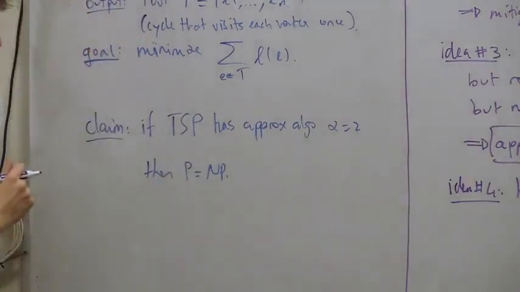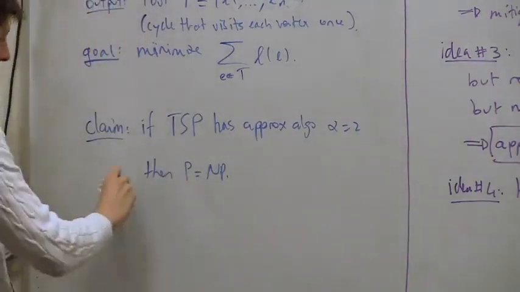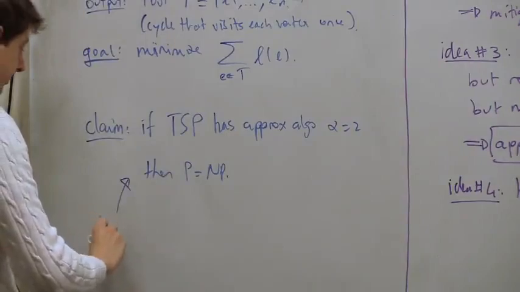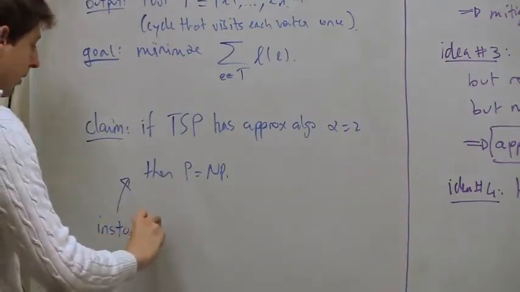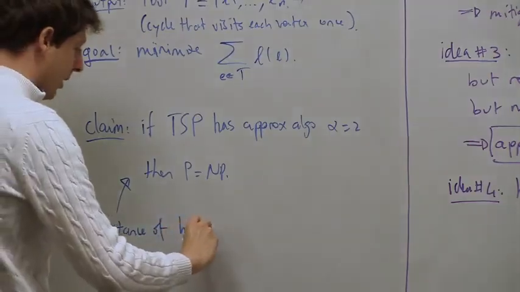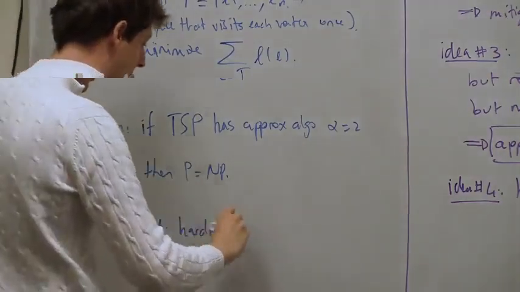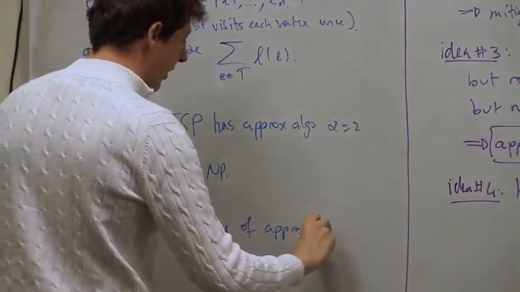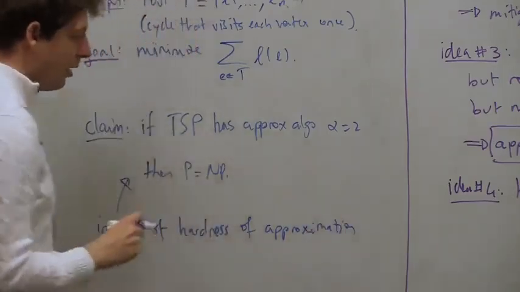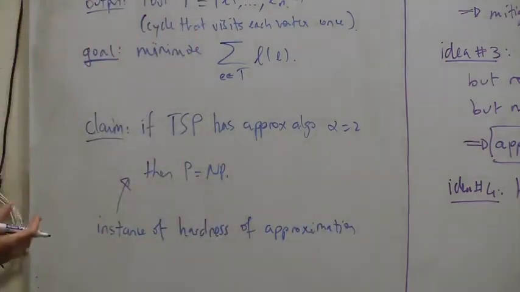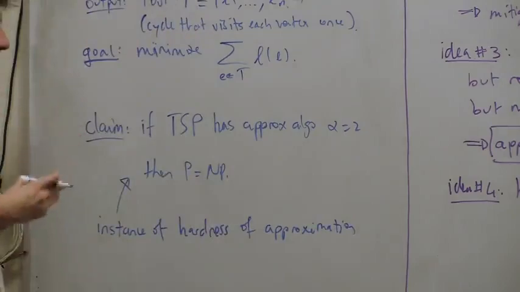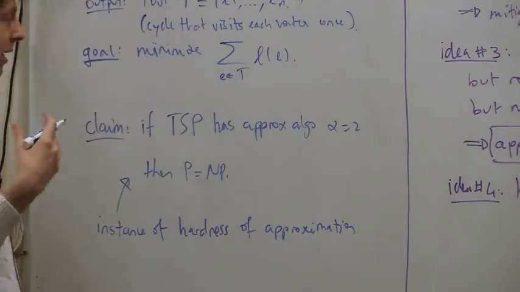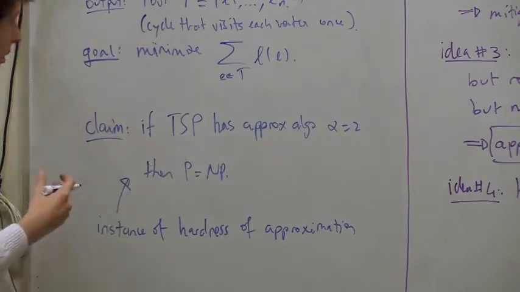So this is an instance of a paradigm called hardness of approximation. The other side of the study of approximation algorithms: you could either try to design approximation algorithms and say, look, here's an efficient algorithm that gets me alpha close to the solution.